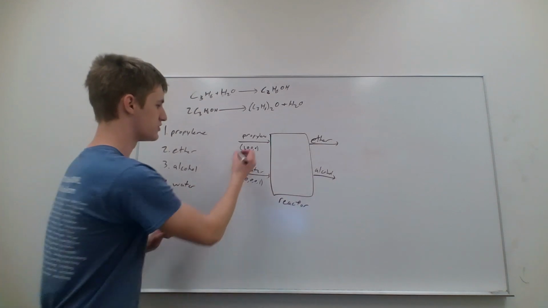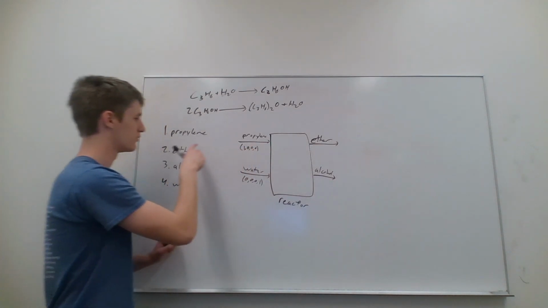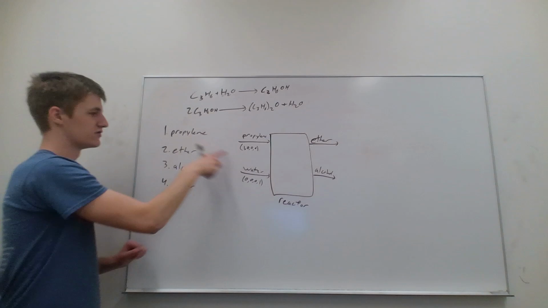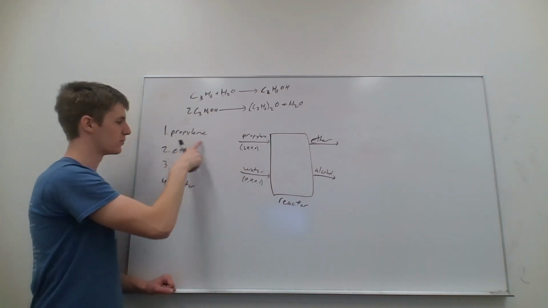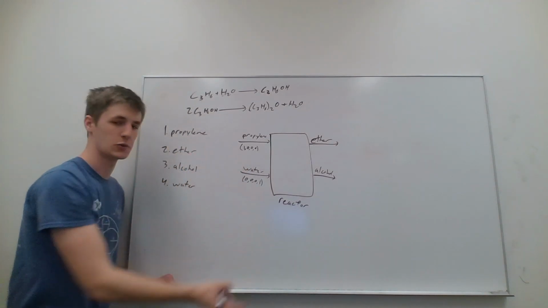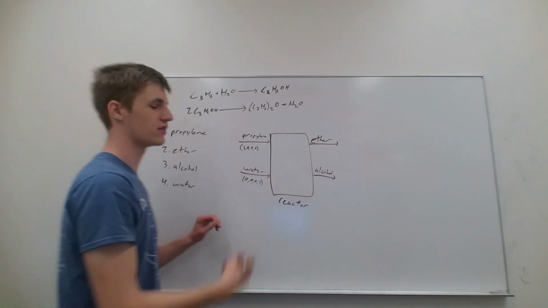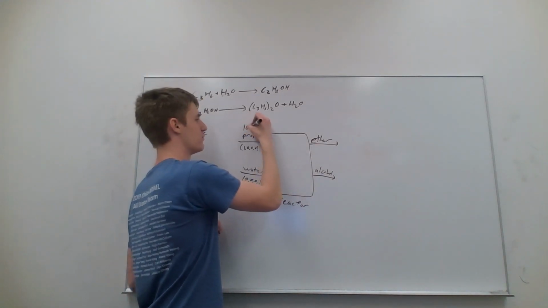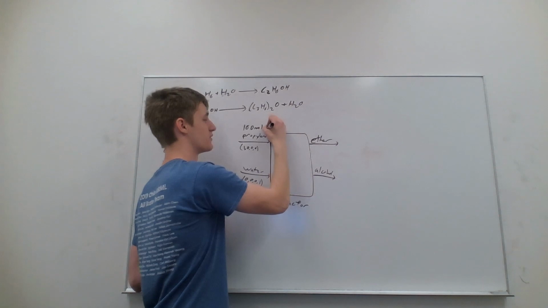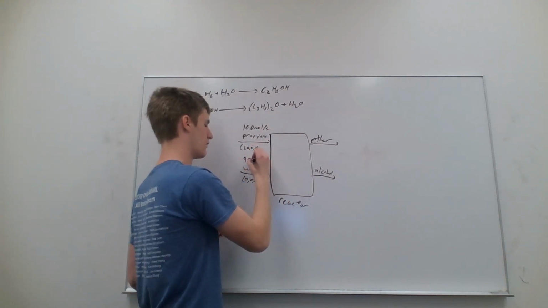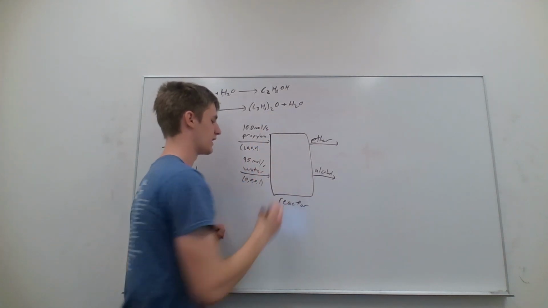And each number in here corresponds to the number in the list. So the first mole fraction is for propylene, the second is for ether, and so on. And we can also measure the flow rate of our water and propylene.